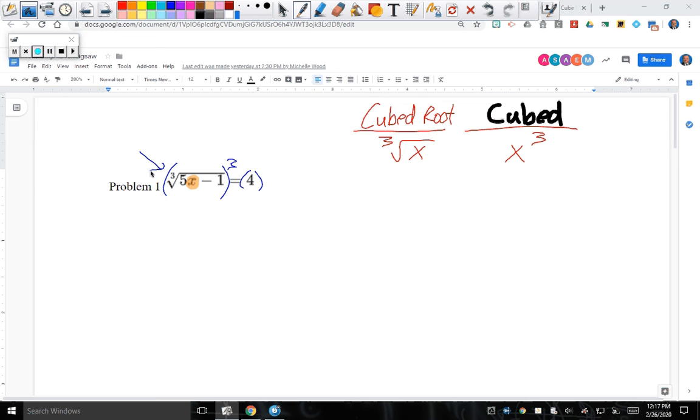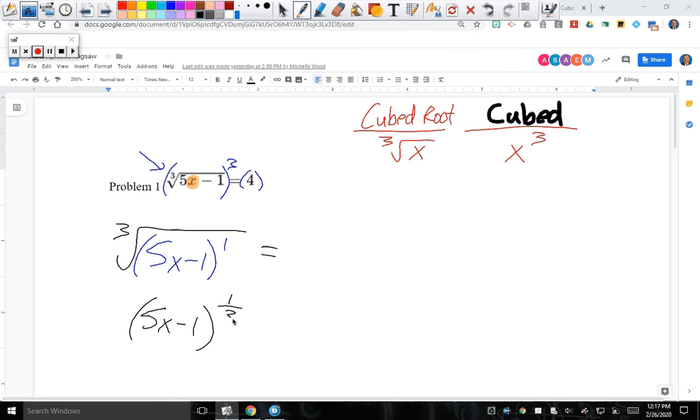Okay? But I want to make sure that you understand something real quick before we move on. Secretly, there is an understood 1 right there. So we need to make sure by the end of today that we are capable of writing this cubed root of 5x minus 1 in both of these forms. In form 1 and form 2.